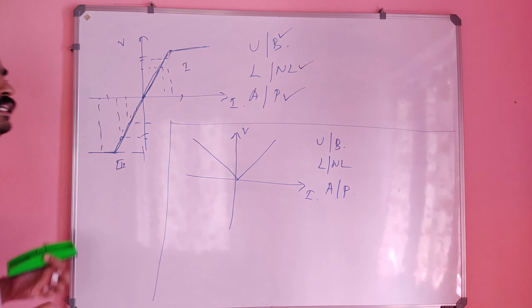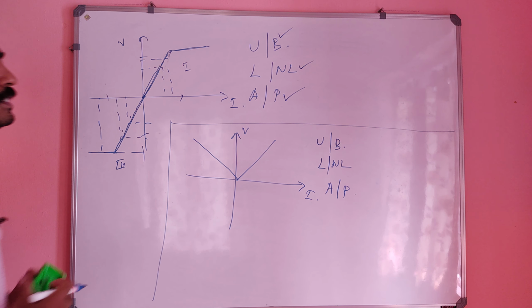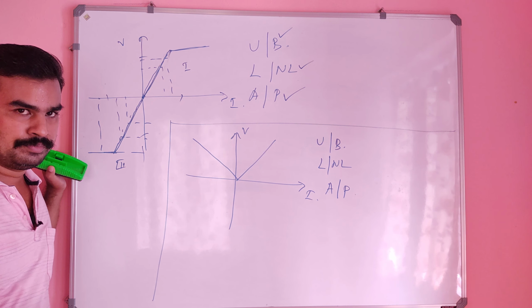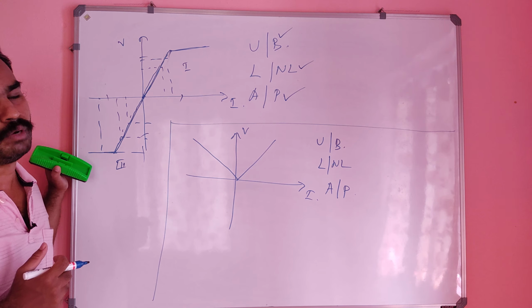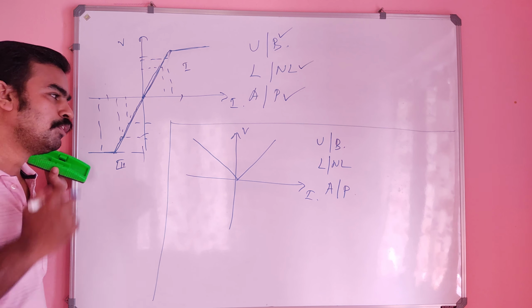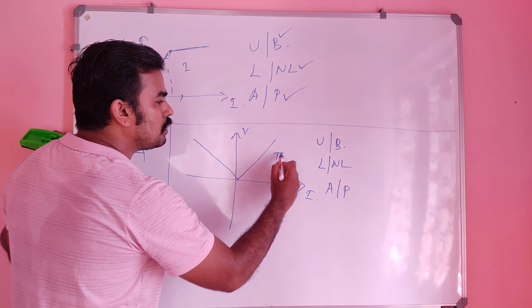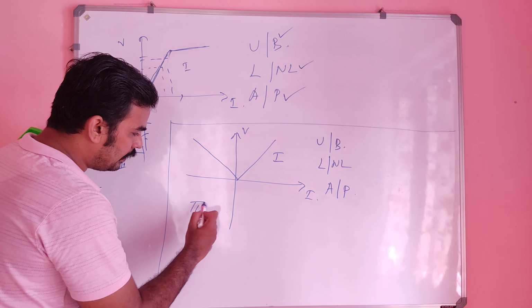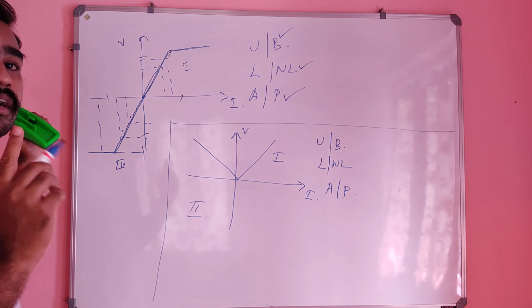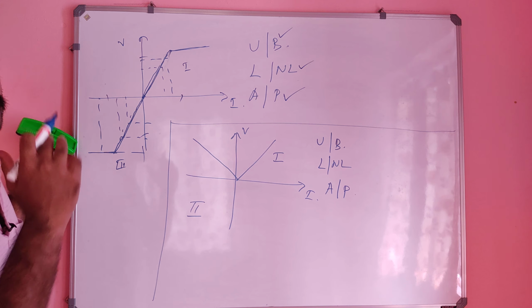Let's see first unilateral or bilateral. For bilateral, what was the condition? In opposite quadrants, the graph should look similar.